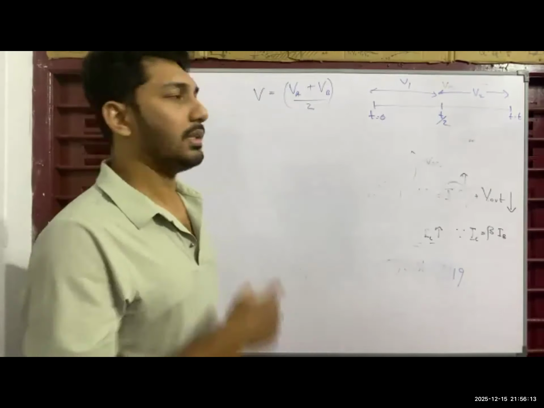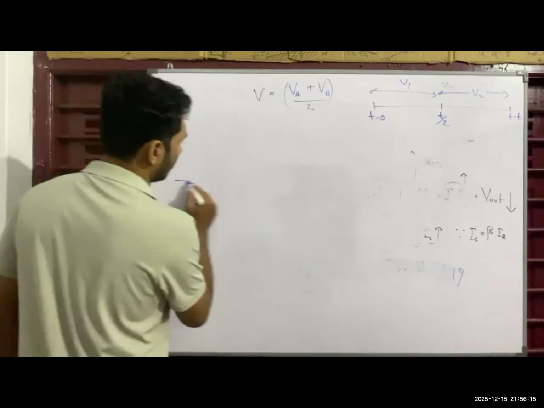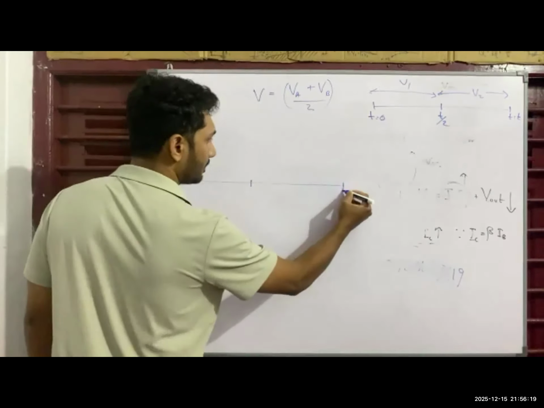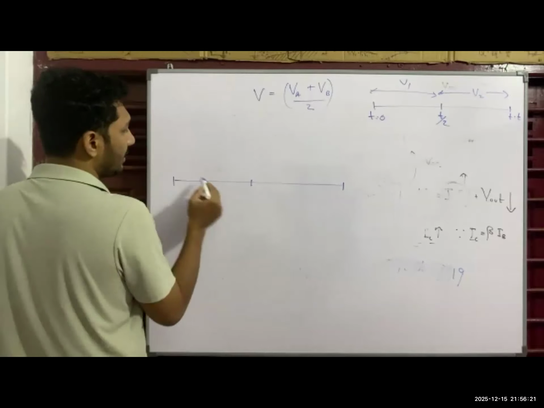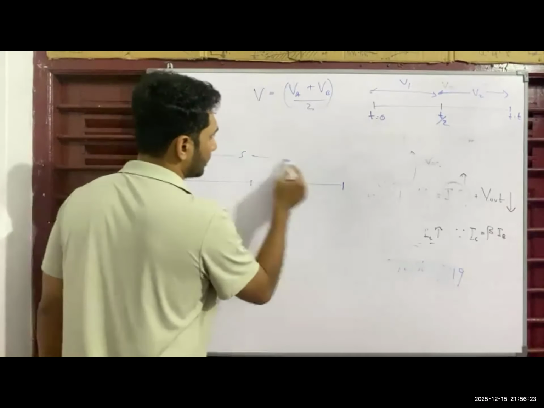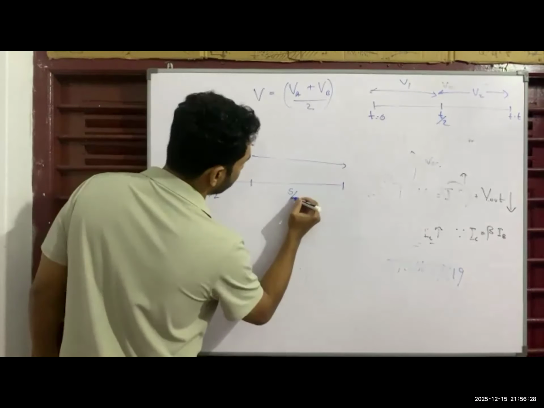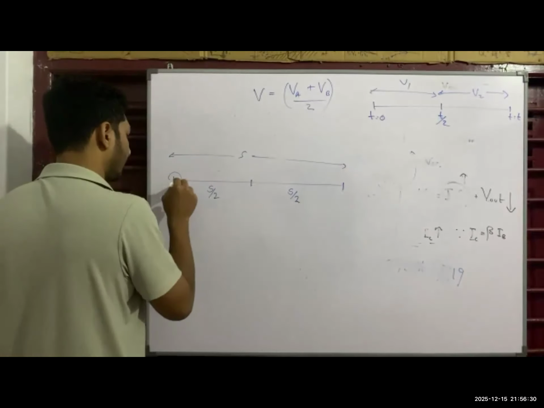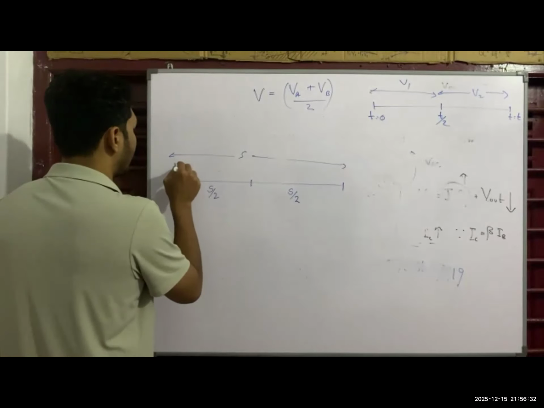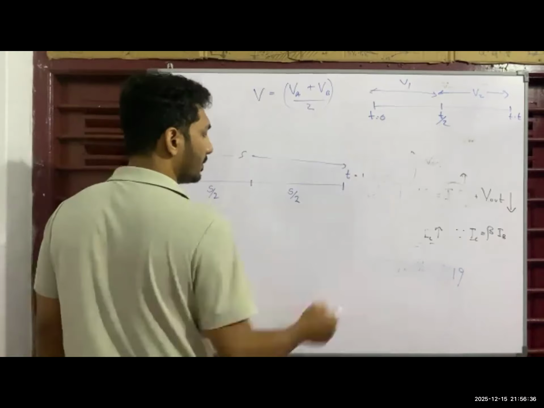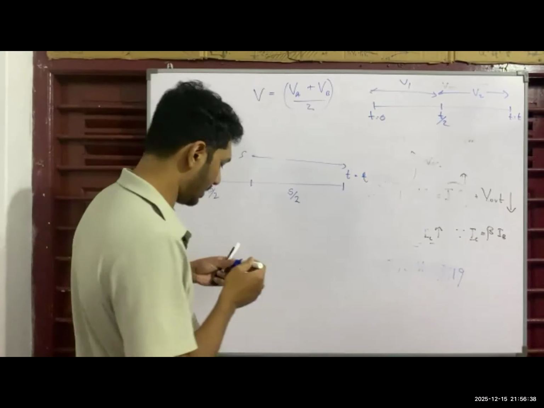Can you find the average velocity in this instance? We will see here. Total is S. This is S by 2. This is S by 2. Which starts at t is equal to 0 and finishes at t is equal to t.